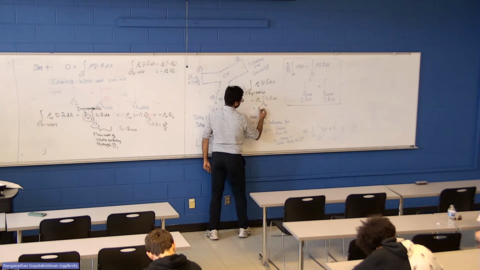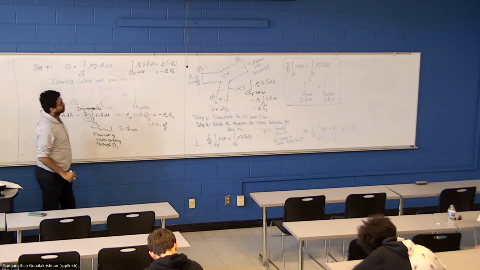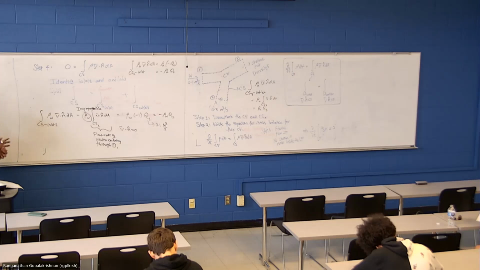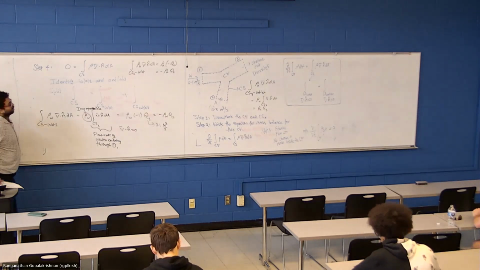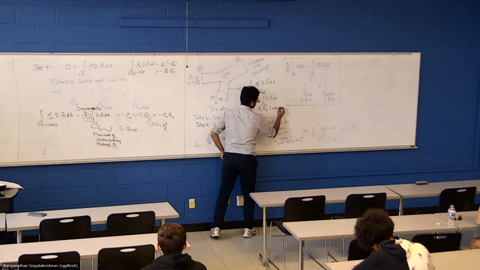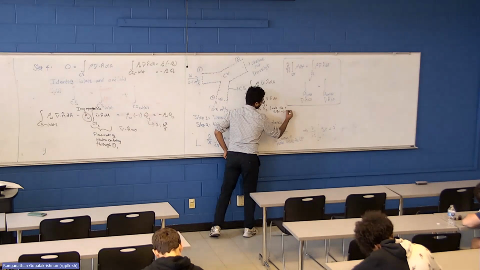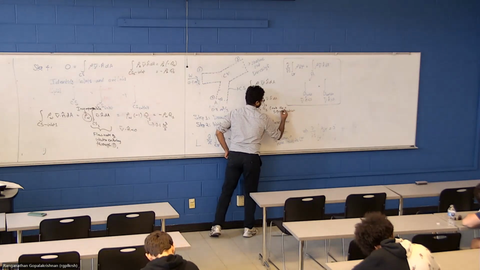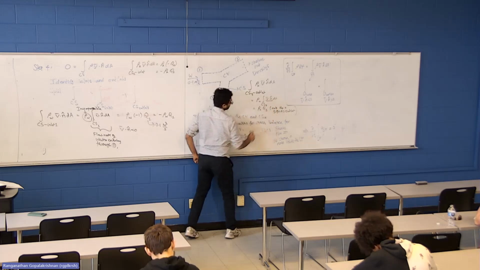So this is rho u times Q3. Note the plus sign because it's an outlet. This V dot N is positive, so we have the plus sign.